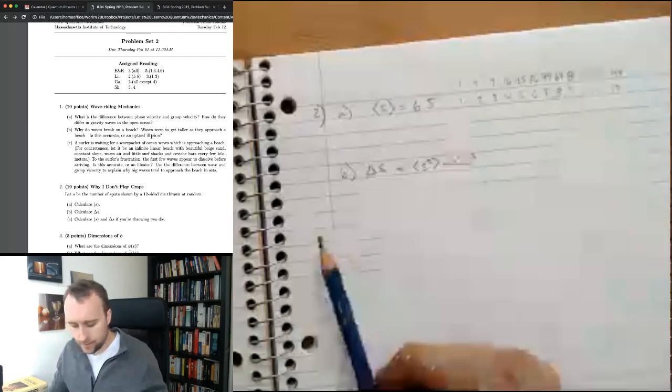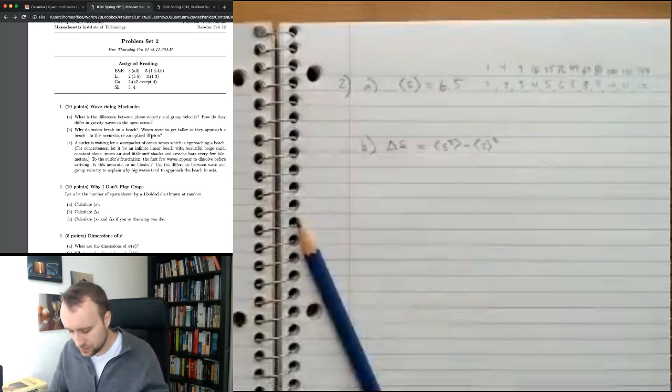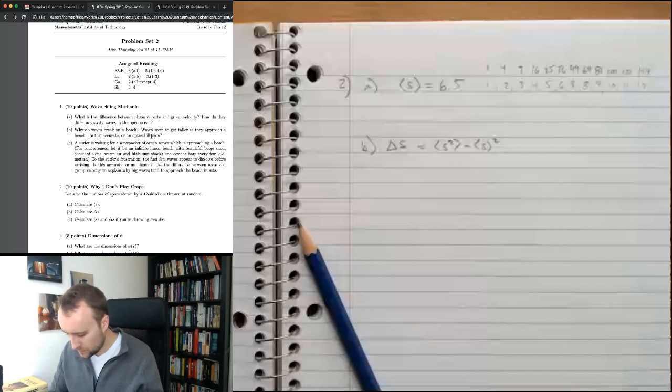So let's add them all up. Let me get my calculator out. This is just addition, so this one should be okay to just do on my phone.